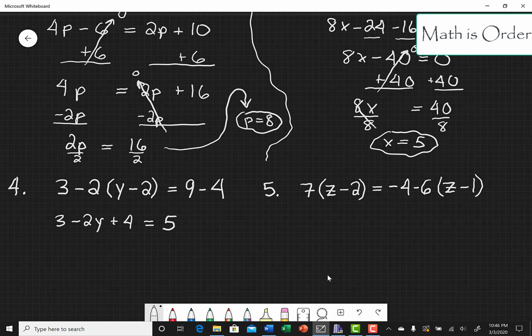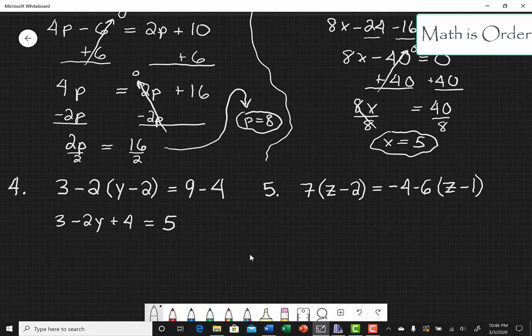Now here at this point, there may be a temptation to try to subtract 4 on both sides, or to try to subtract 3 on both sides to get y by itself. But no, before you try to add or subtract things on both sides of the equation, first combine any like terms, right?